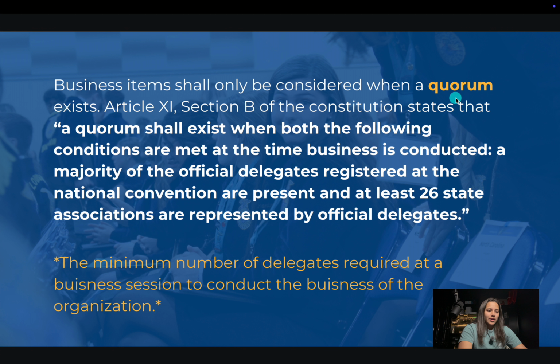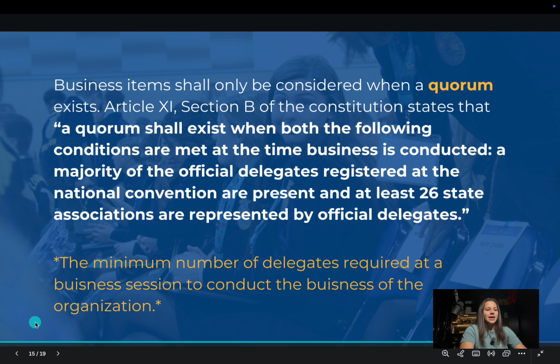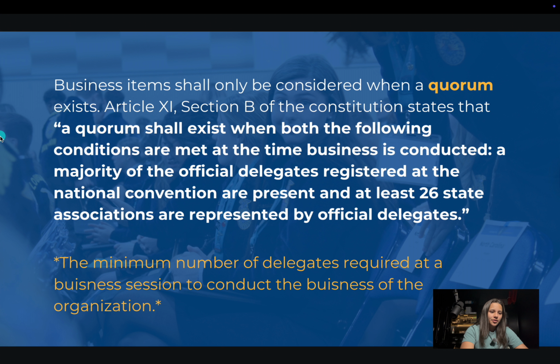Something else to know about delegate business, especially at National Convention when we're in the committee work. Business items can only be considered when a quorum exists. What is a quorum? It's the minimum number of delegates required at a business session to conduct the business of the organization.